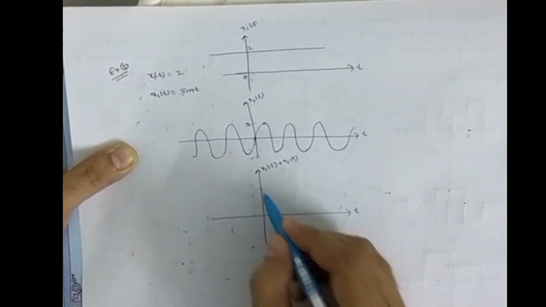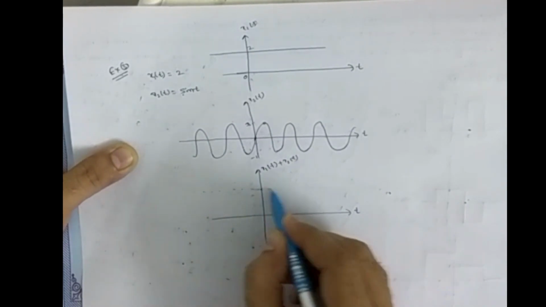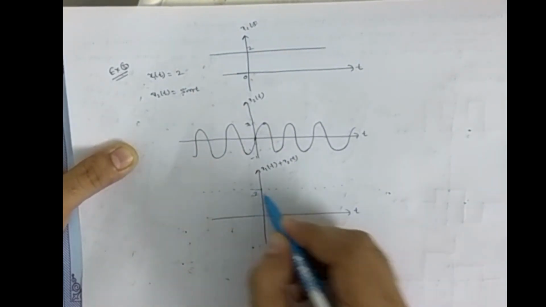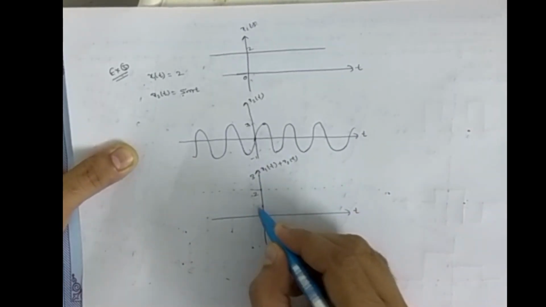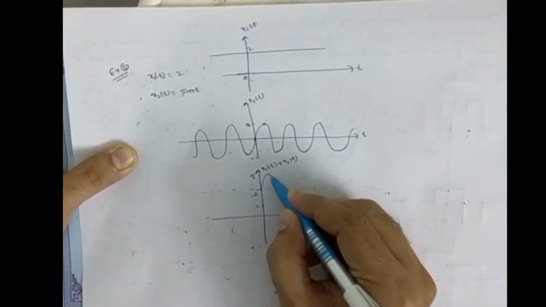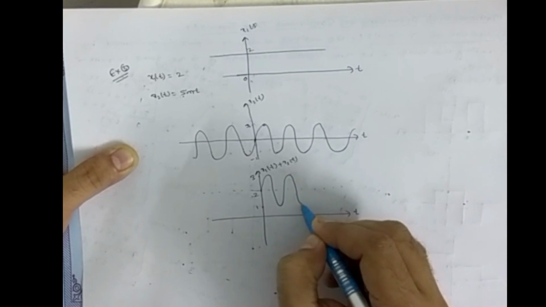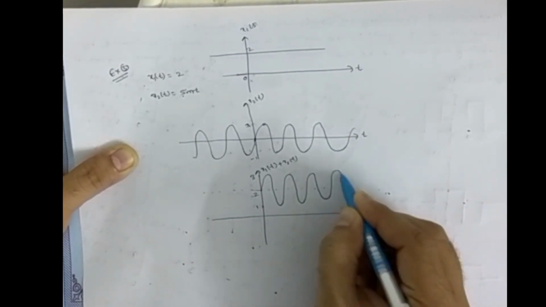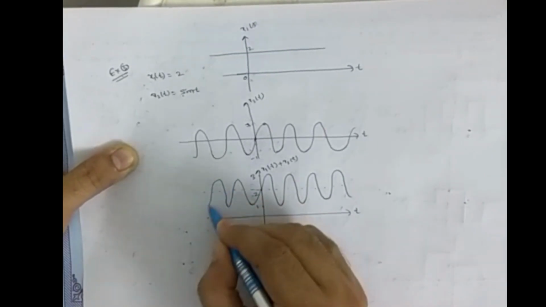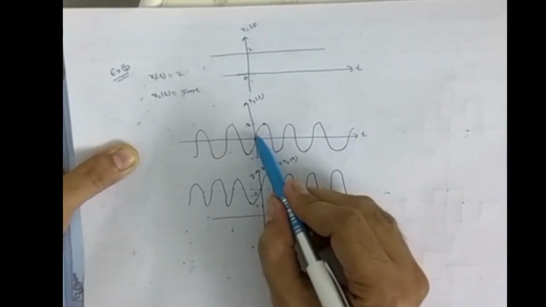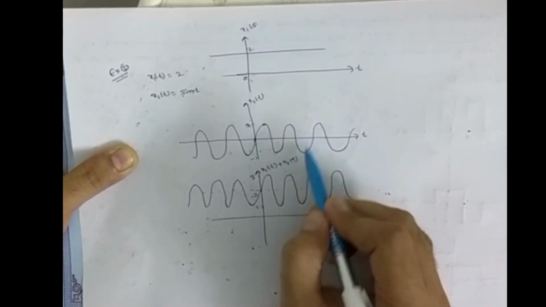So this complete waveform you need to draw at 2, and the peaks are 3 and 1. You can draw it like this. Every value you are adding 2.